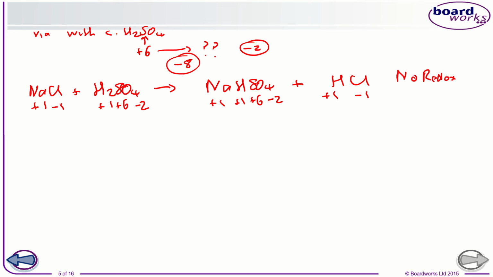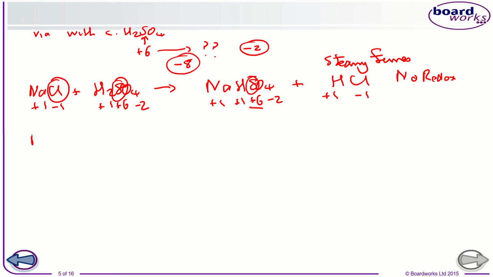So what we're essentially saying here is that this chloride ion has been unable to reduce the sulfur in the sulfate ion and the sulfuric acid. And sulfur in sulfuric acid is relatively easy to reduce. So if you can't reduce that, then you're not a very good reducing agent. And all you would see here are good old faithful steamy fumes, which is the hydrogen chloride.